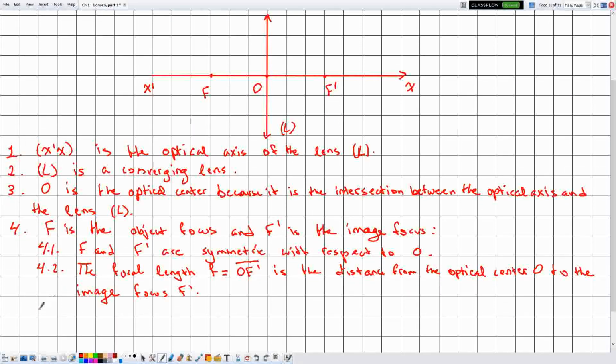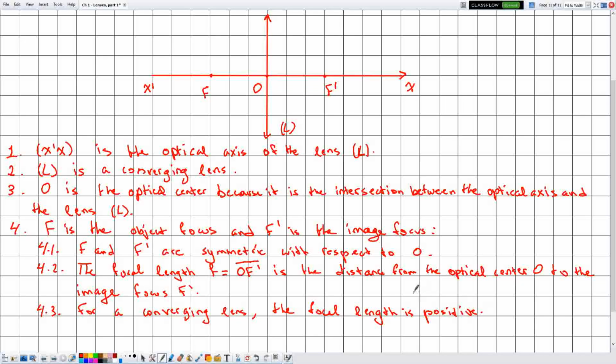Then 4.3: for a converging lens, the focal length is positive.